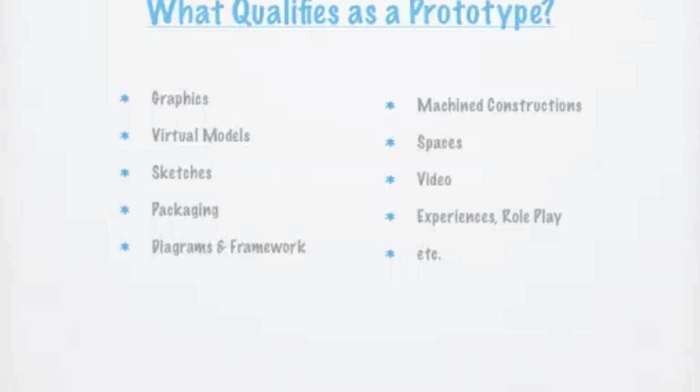Then the medium fidelity is like a combination of high and low, while the high is usually the more expensive, professional, and definitely more expensive. And like I said, the mid is just a combination of both. But graphics and videos and that sort of thing, and machine constructions, all include the high fidelity.